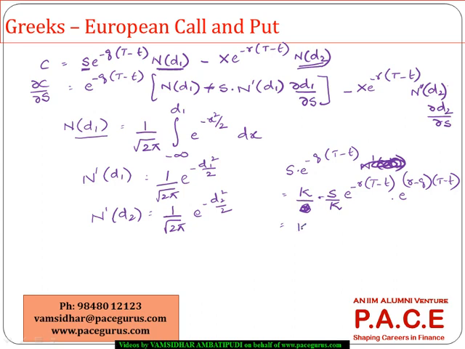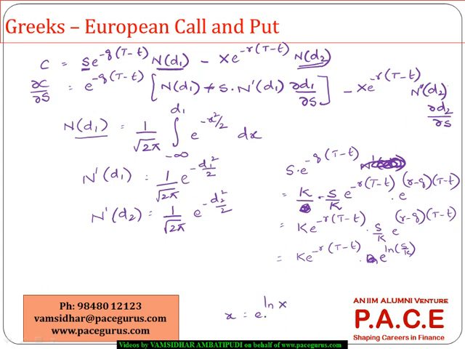So I will segregate the terms: K e power minus r (T minus t) into S by K e power (r minus q) into (T minus t). Fair enough? So this part I will leave as it is, K e power minus r (T minus t), but S by K I can write as e to the power of log S by K, because x is nothing but e power log x.